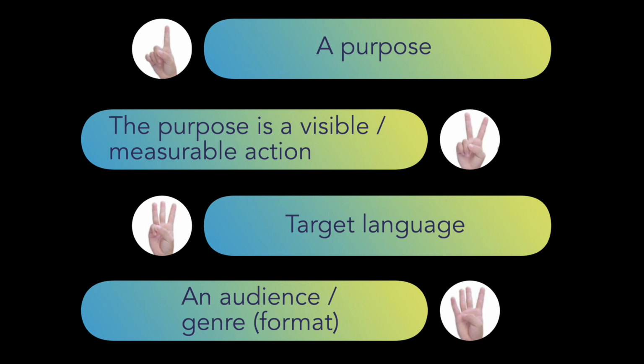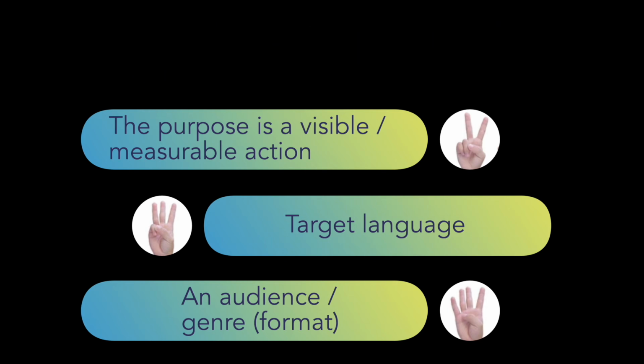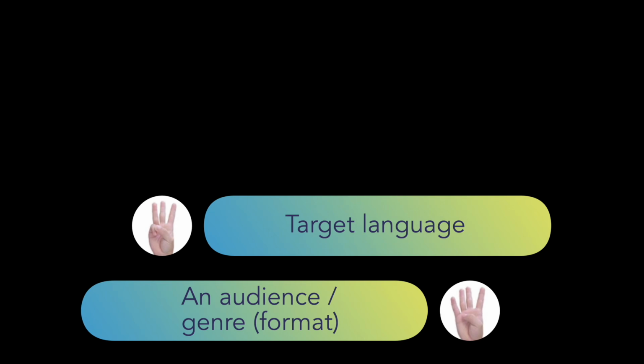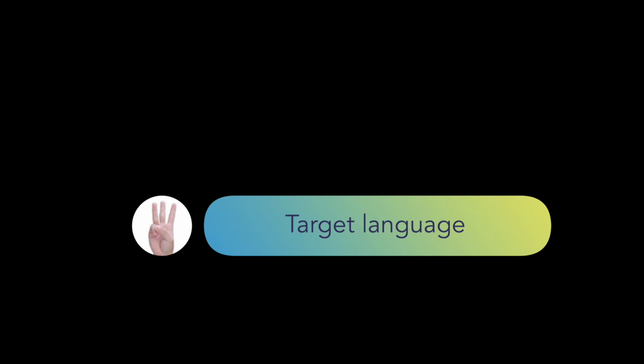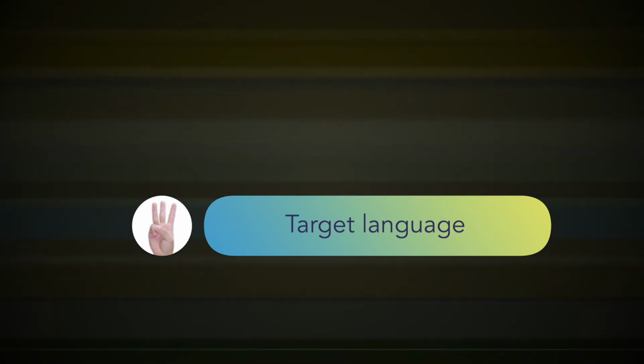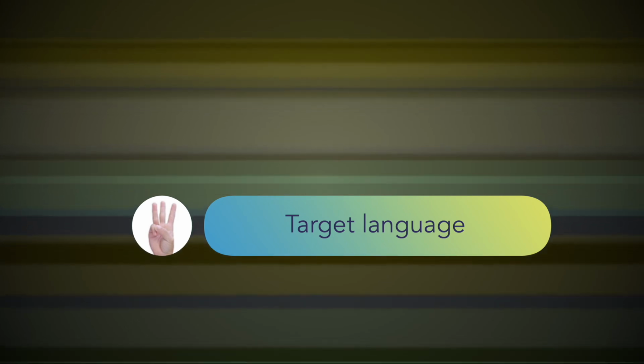And the genre. So for writing, genre can be very simple, such as, is it an email or a shopping list? Is it a cover letter or an essay? For speaking, it would be mostly things like, is it face-to-face? Is it on the telephone, etc. Now, some people might be thinking, I'm teaching English, so apart from target language, why do we need the other things?